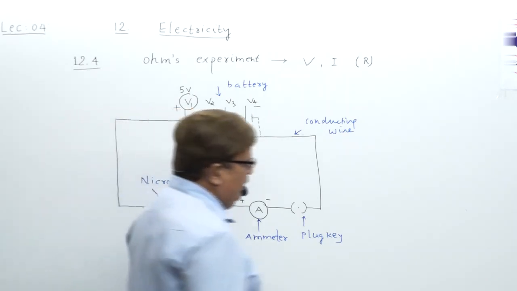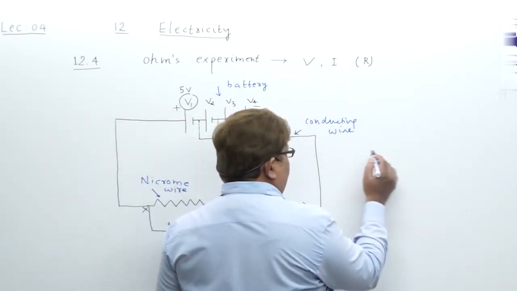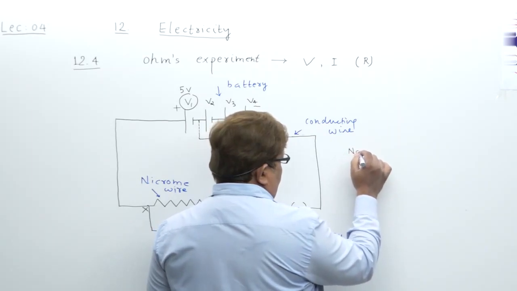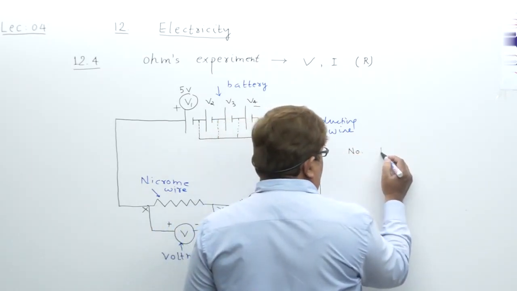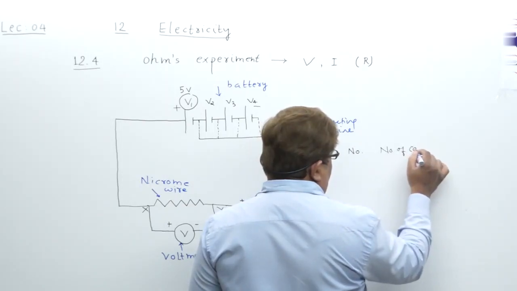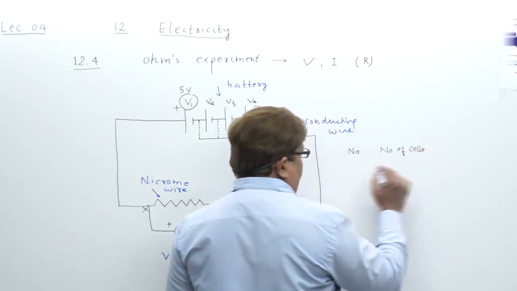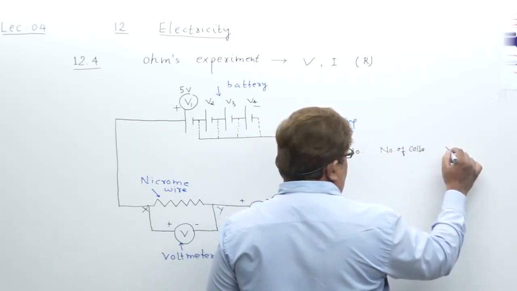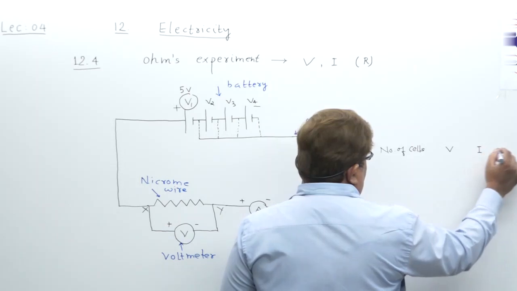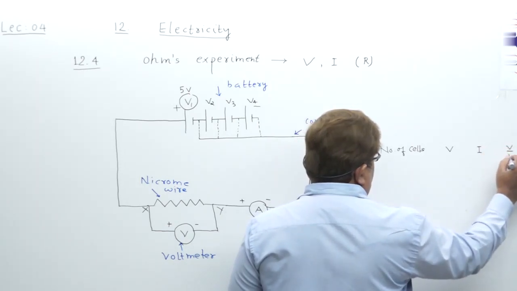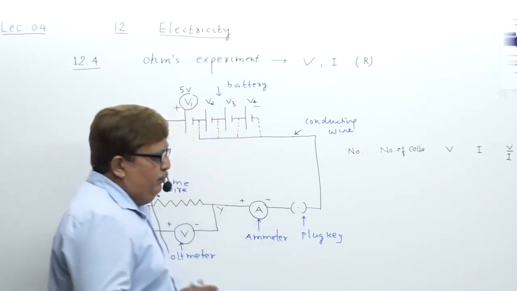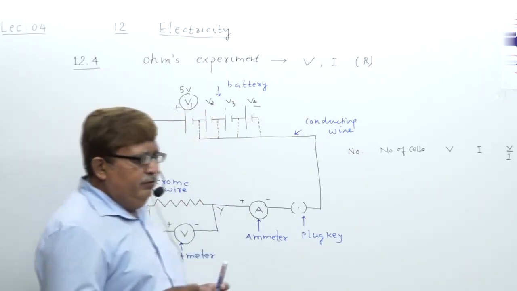Suppose we perform an experiment and note down our observations. Suppose number. Then I write number of cells connected. Okay. Suppose number of cells, then reading in voltmeter, reading in I, and at last I take the ratio of V upon I. We are not actually performing the experiment in the laboratory just now.